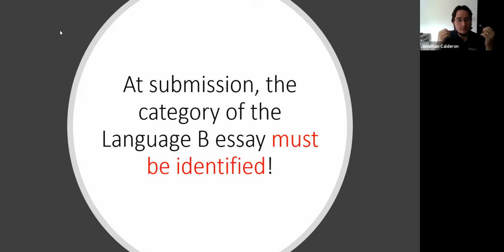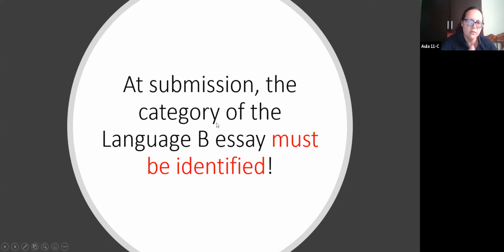So if the person says, okay, my extended essay is category 2B, but the whole analysis was for category 3, immediate failure, okay? This person is not going to pass with a good grade. He or she is going to get an immediate E, okay? So we must be sure, 100% sure, which category we are enrolling the student in, okay? So it has to be at submission, okay?